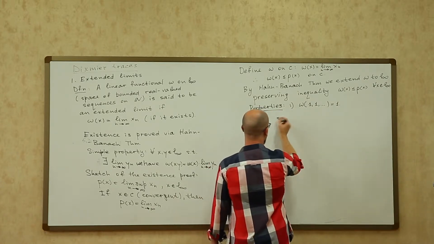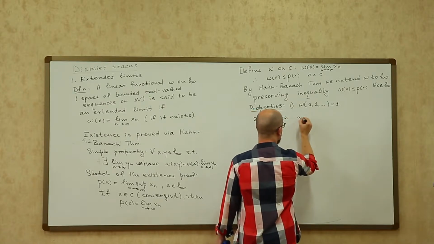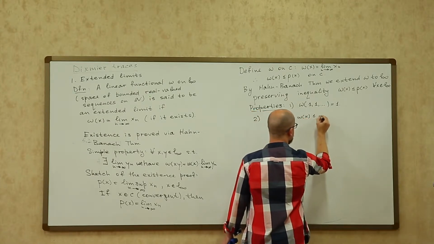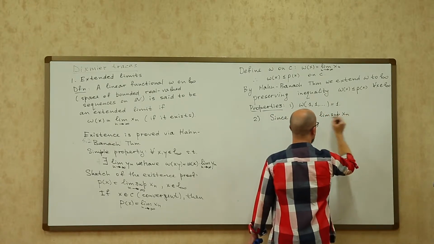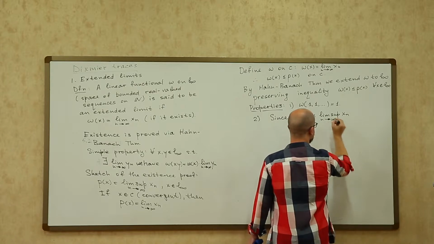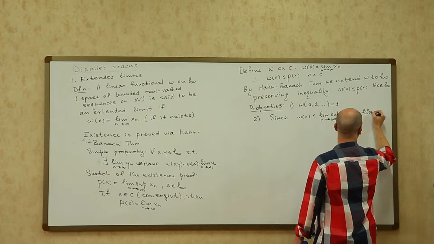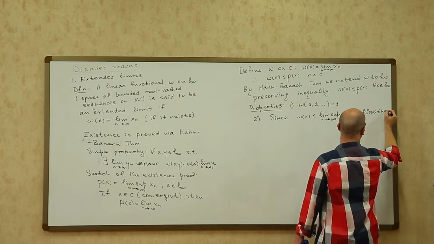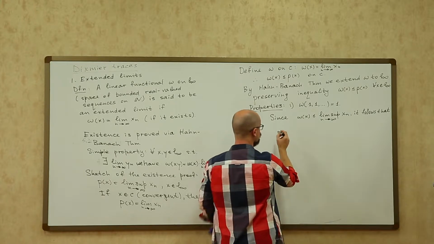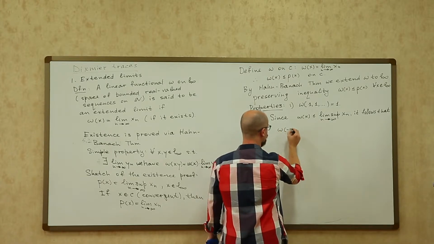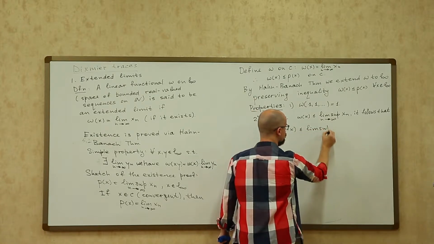The second property is, since omega of x is less than or equal to lim sup of xn, it follows that if we now take omega of minus x, then we also have this inequality.